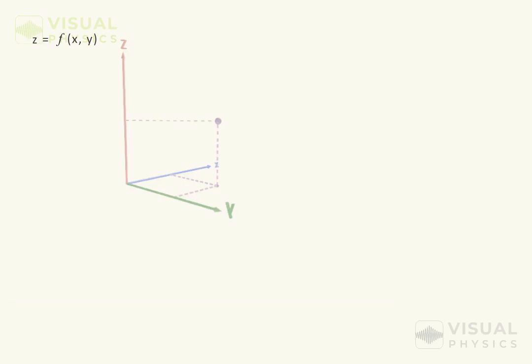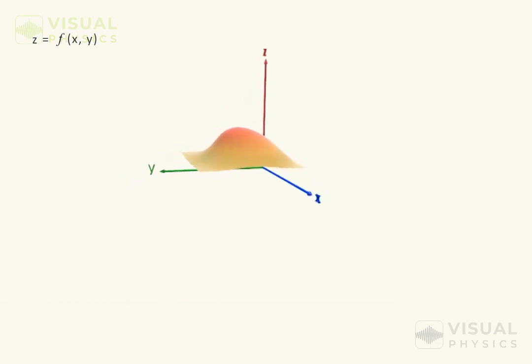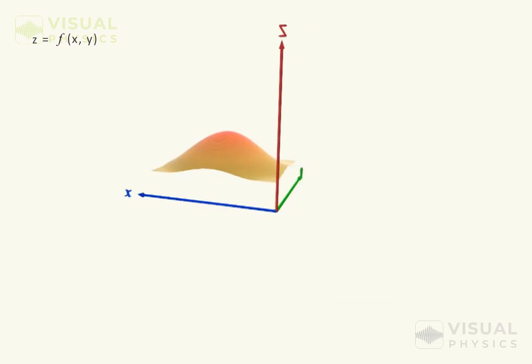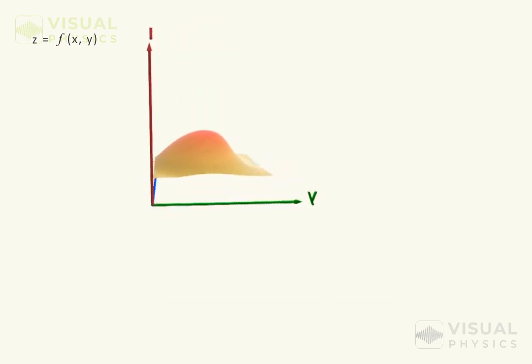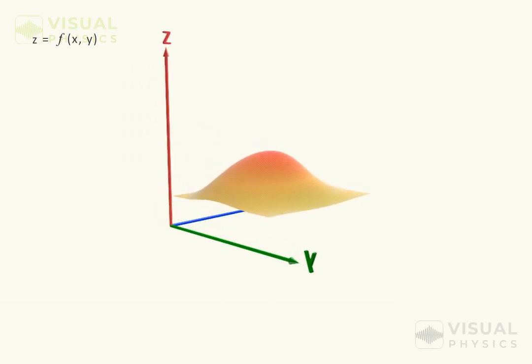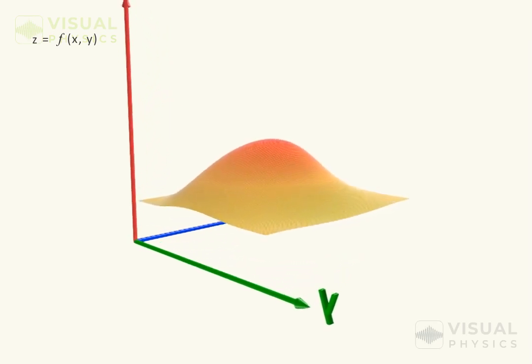So the function will be a surface in 3D space. Now, what can we say about the slope of the surface at a point?